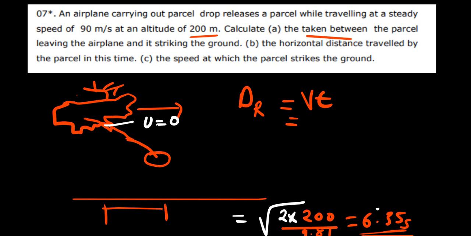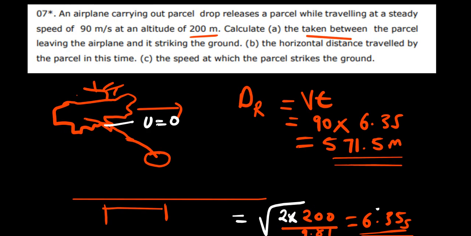The speed we've already been given, it was moving at 90 meters per second, multiplied by the time we've already found, 6.35 seconds. Then you find that. What are you going to have when you multiply those? Is it 571.5 meters? So this is the horizontal distance that will be traveled, the range.